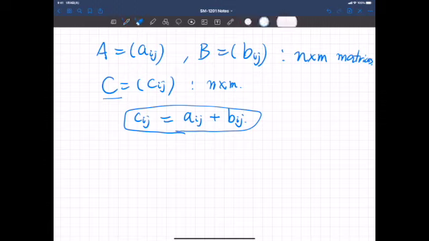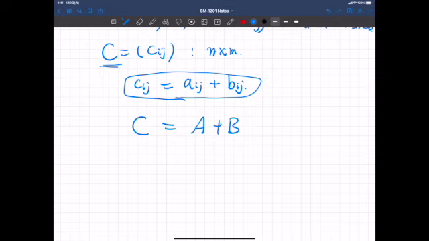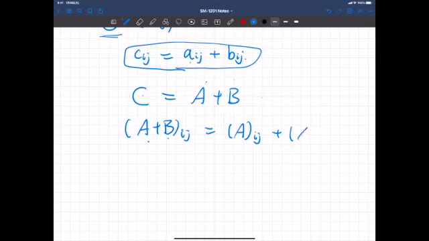So we add two matrices A and B to define a new matrix called A plus B, which is renamed as C. So we could write C is equal to A plus B. And this really means each element of C is the sum of the corresponding elements from A and B. Another way to express this addition is this: A plus B, which is a matrix whose ij element is the sum of Aij and Bij.